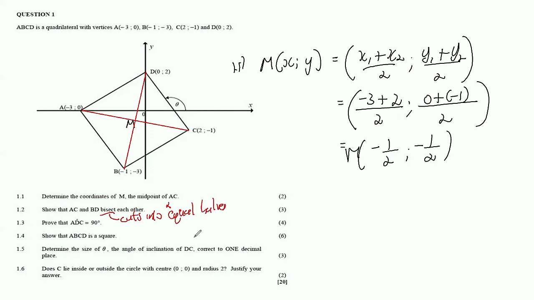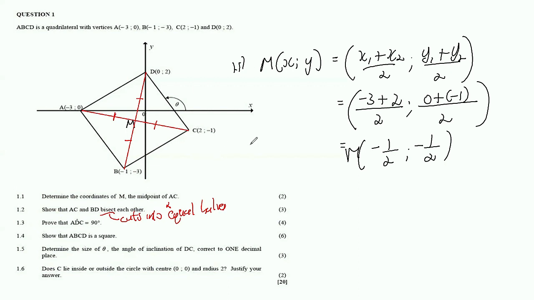So in other words, we must prove that the line AC will bisect the line BD, and BD will also bisect line AC, right? So in other words, that means here, this is equal to that, and then this is equal to that, right? So now, if these lines bisect each other, that means they would have to do it at the same point there. So they would have to do it at this particular point.